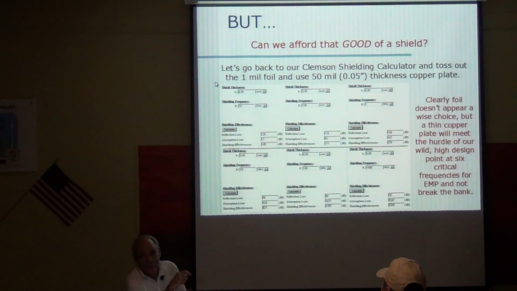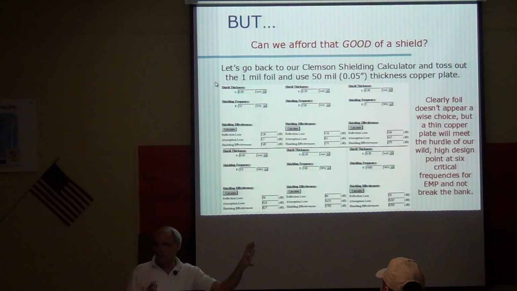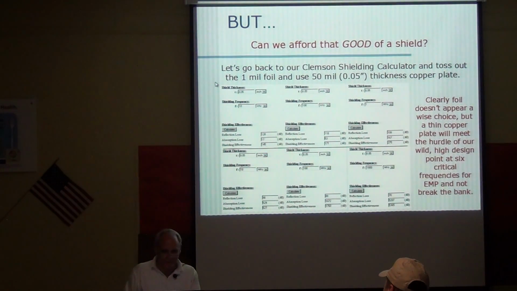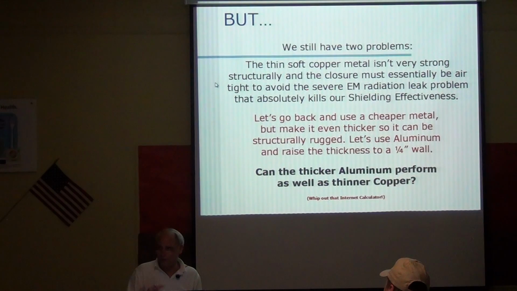So even though we've pulled a wild number out of the hat, that we want to make that 200 times, we found out now that the foil doesn't make much of a shield to begin with, and it's mechanically hard to deal with, and it's easy to damage. Now we can go with our high wild number and the critical frequencies that don't break the bank, and it actually works. Okay, but we still have two problems.